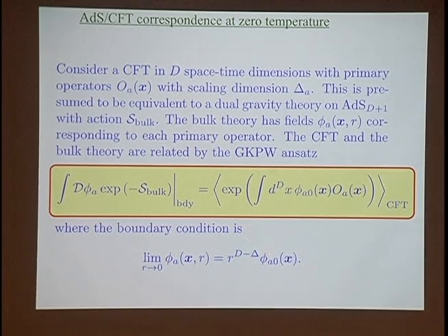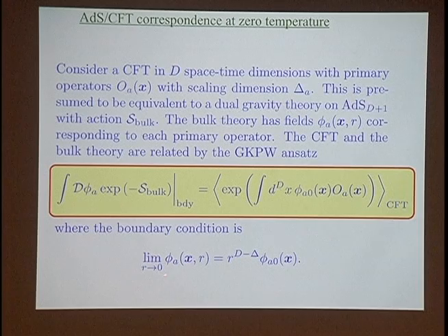It turns out that these correlation functions are equal to the partition function in AdS4, the partition function in the bulk. This is the bulk theory, S bulk, of some theory of gravity with the following constraint, that the fields have to, up to some powers of r, be equal to the sources that you put on the boundary.